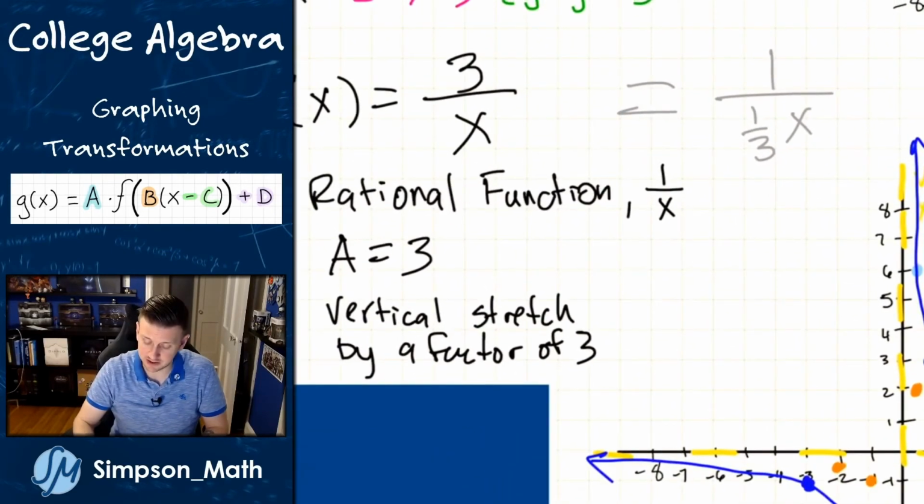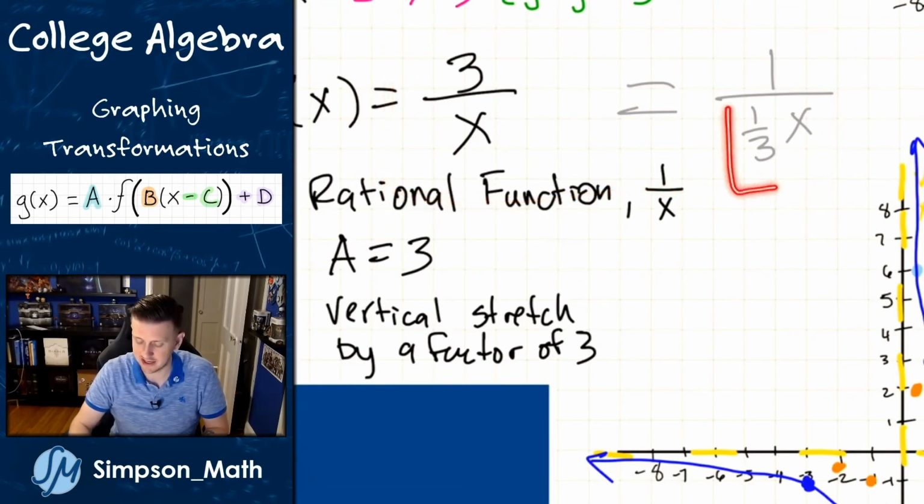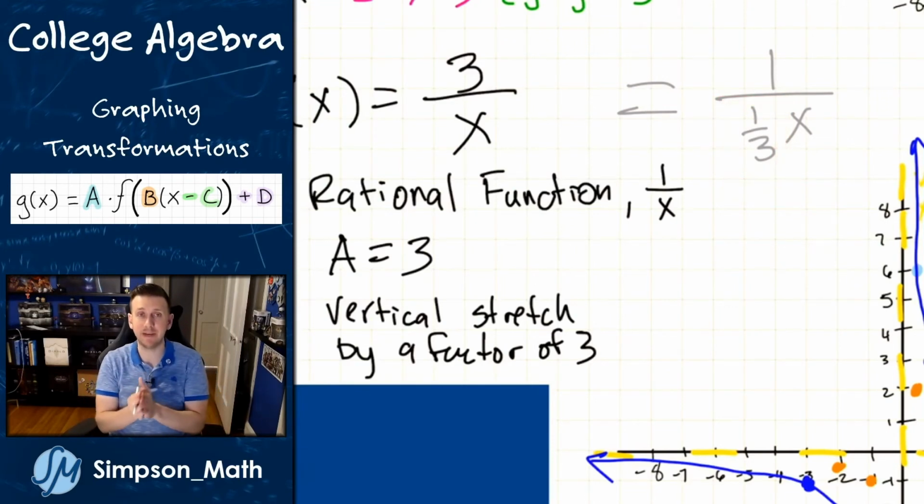Mathematically, these two things equal each other. If I had a 3 over x, that mathematically is the same thing as a times a 1/3 in the denominator. And if I asked you to identify that letter, that would be a b of 1/3. As we saw in our notes, if its b is less than 1, it's going to be a horizontal stretch by a factor of its reciprocal.